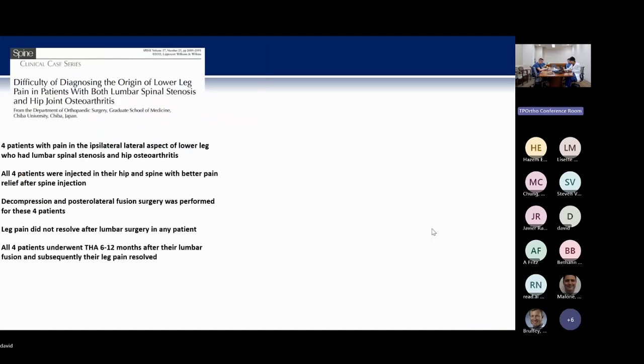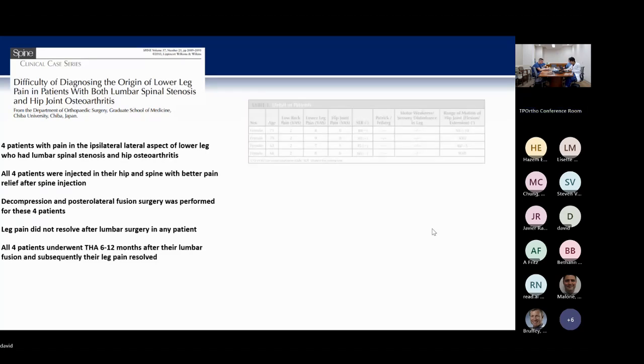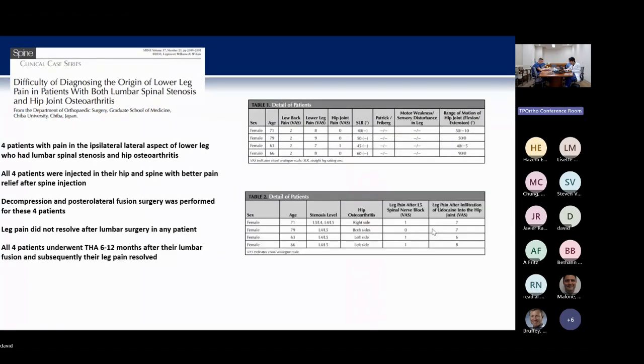This was a series of 4 patients in Japan that, interestingly, had relief of lateral leg pain after intra-articular hip injection. So this is their injection, seeing their pre-injection score and their post-injection score going from 6 to 8 down to 0 to 1.